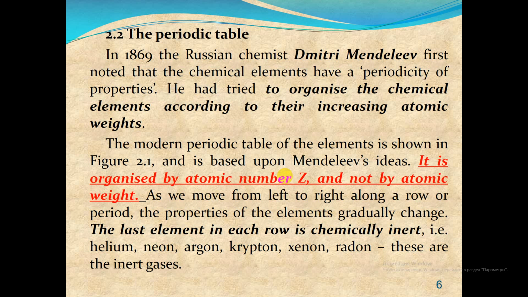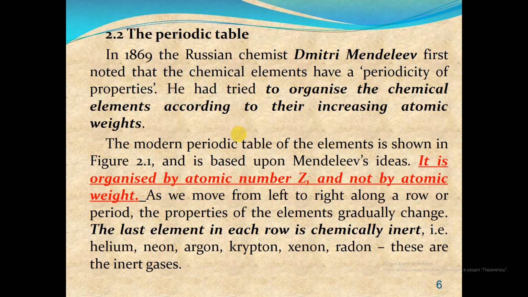The periodic table. In 1869, the Russian chemist Dmitry Mendeleev first noted that the chemical elements have a periodicity of properties. He had tried to organize the chemical elements according to their increasing atomic weights.